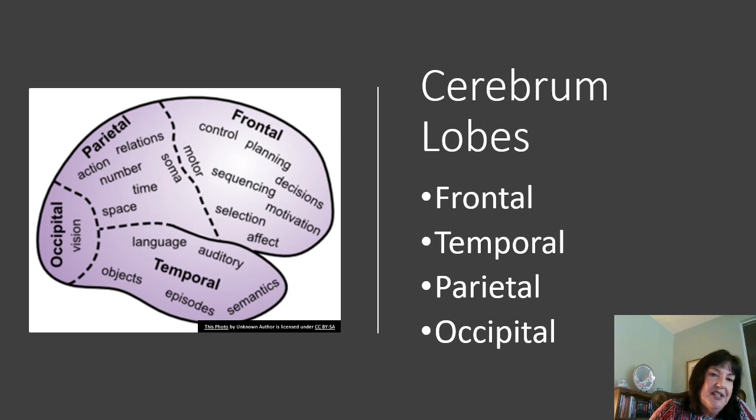So for instance, someone who has frontal damage, right? We can have people who have had trauma, for instance. You might sometimes even think about your football player who's being hit on the head repeatedly and can wind up with problems in this frontal area. It doesn't have to be a football player, of course.